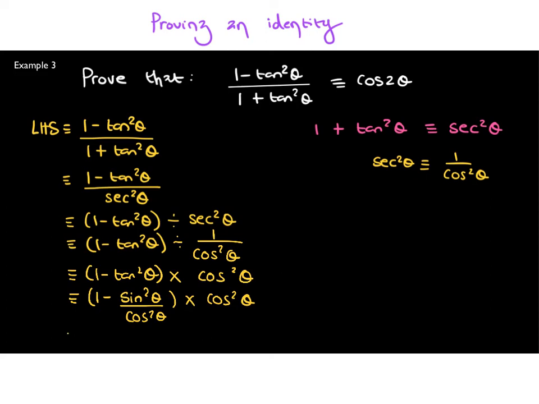So this then gives me 1 multiplied by cos squared theta, and then when we multiply these parts together, can you see cos squared theta cancels, leaving me with sine squared theta. But what do we know? We know that cos squared theta minus sine squared theta is cos 2 theta. It's a double angle result. So we get to the right-hand side.